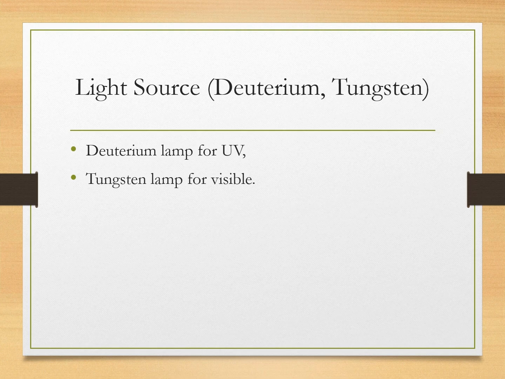A UV spectrophotometer consists of a light source. The light source has different types of lamps, such as deuterium lamps, which are used for the UV region, and tungsten lamps used for the visible region.